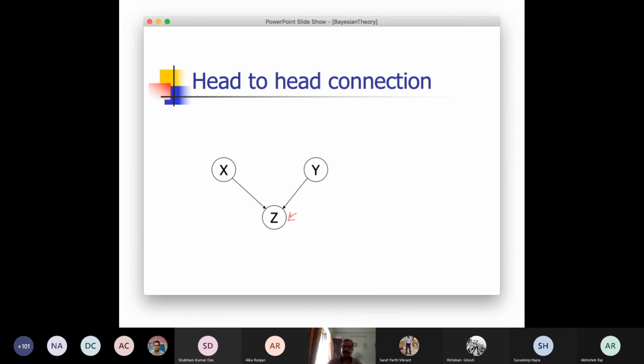What would you specify here? So probability of Z given not X, not Y. Similarly, probability of Z. Yes.